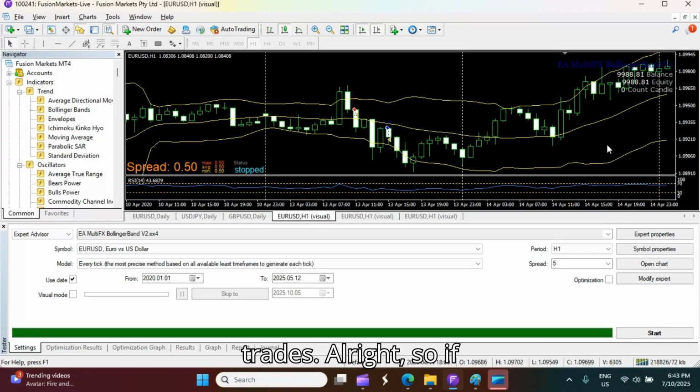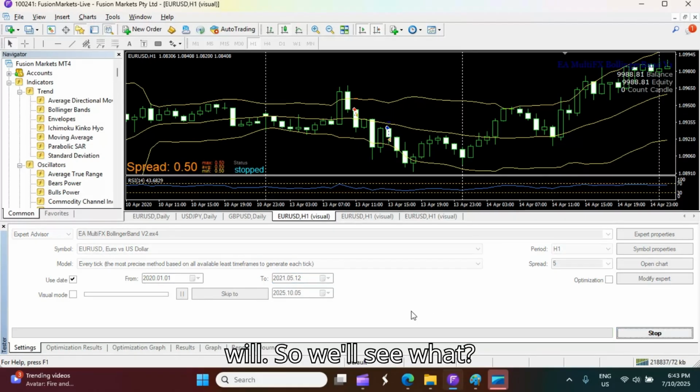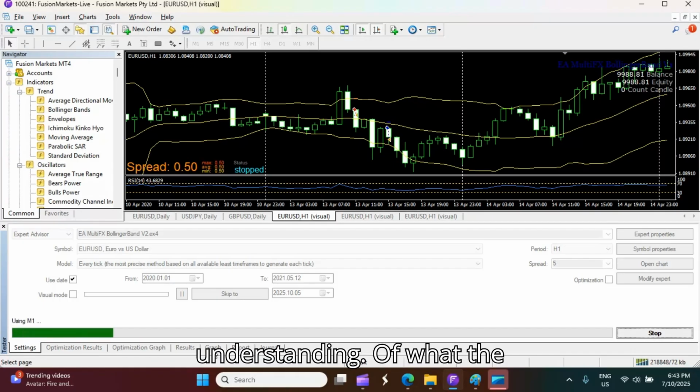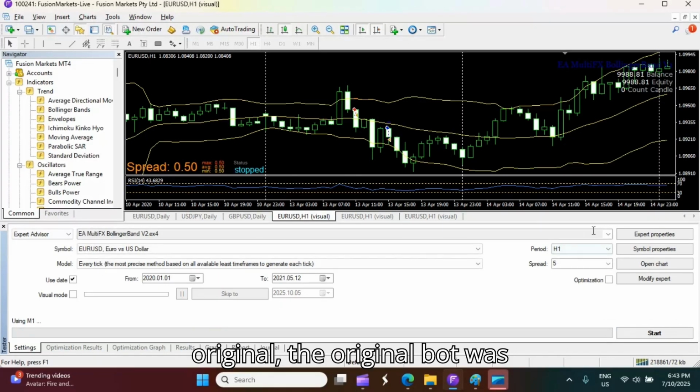If we were to quickly run this particular bot, we will see what the graph gives us, just so that we can get a better understanding of what the original bot was doing.